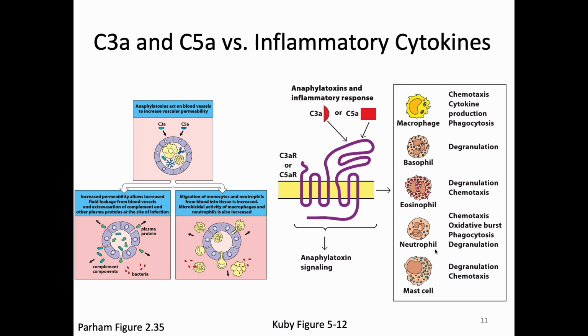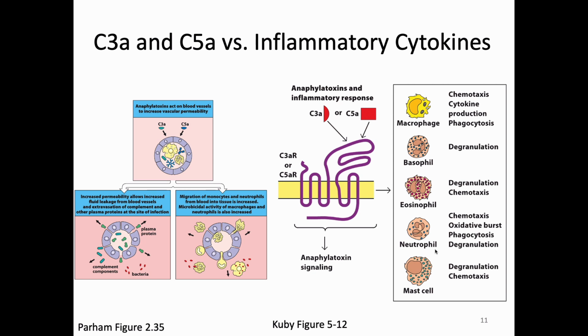So I told you that we have these random complement proteins that are part of the protein part of this whole business. They actually act the same way as what we've just seen with these cytokines. So this is another place where we can sort of artificially make these separations and say this category is like this and this category is like this, but they blend together.